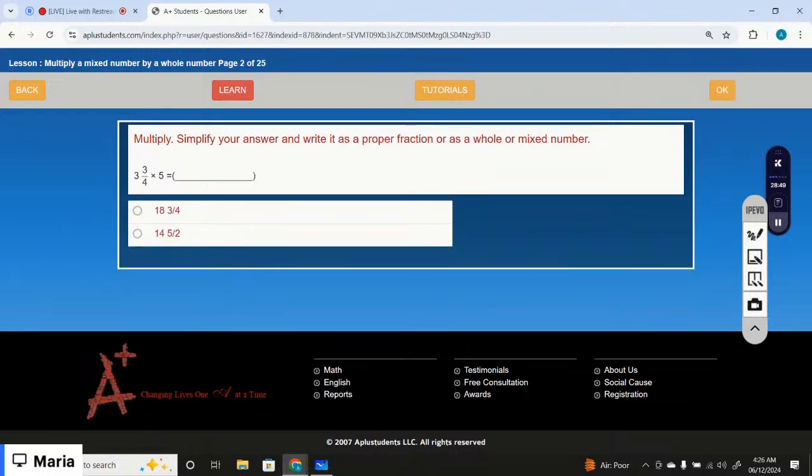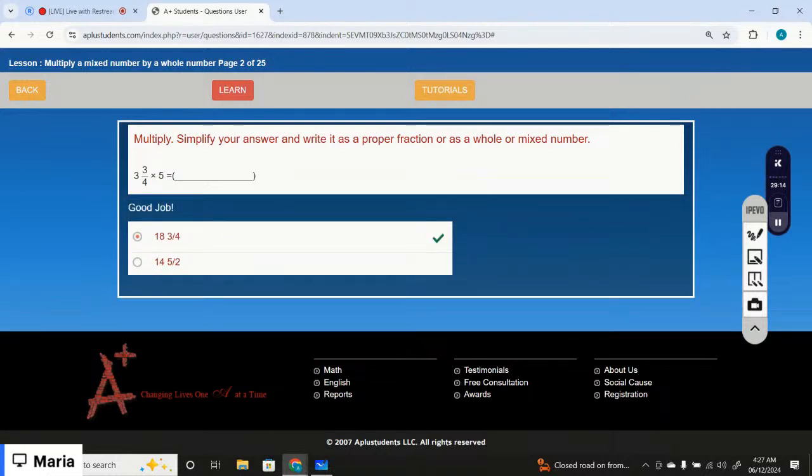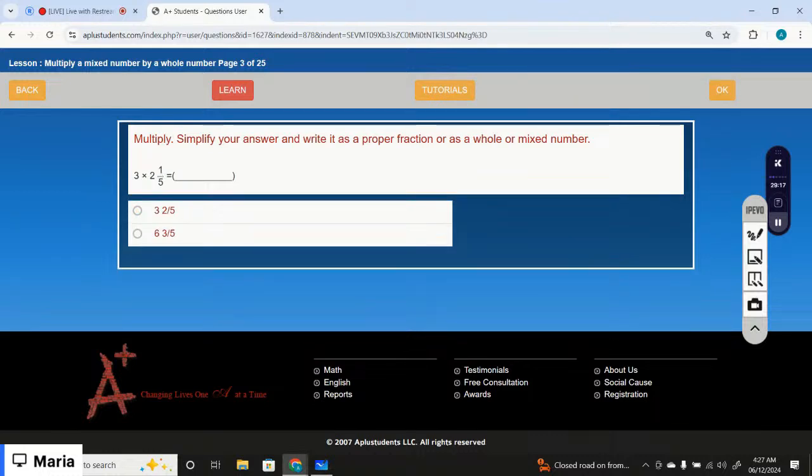3 whole 3 by 4 times 5, so which is the correct option? That is 18 whole 3 by 4. Option number 1 is the correct option. 3 times 2 whole 1 by 5. So which is the correct option?